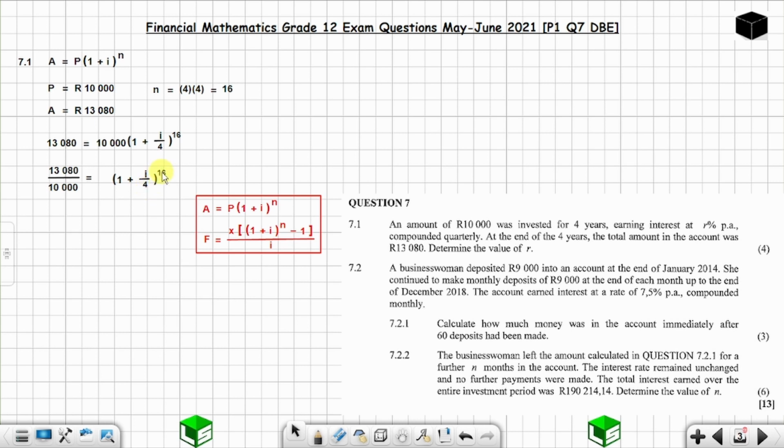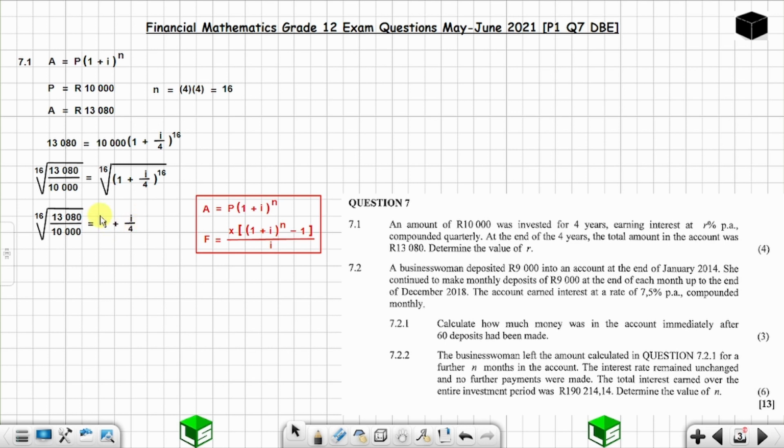The power of 16 and the 16th root are going to cancel. Now you are left with 1 plus I over 4.